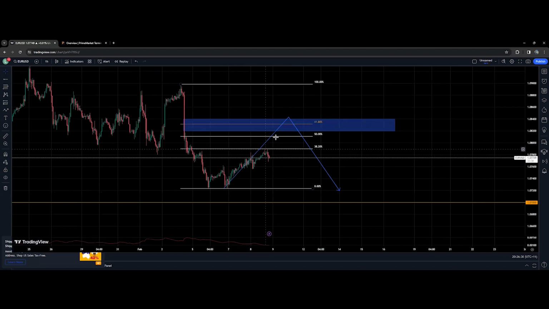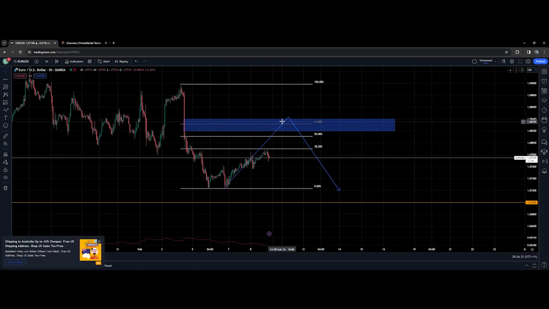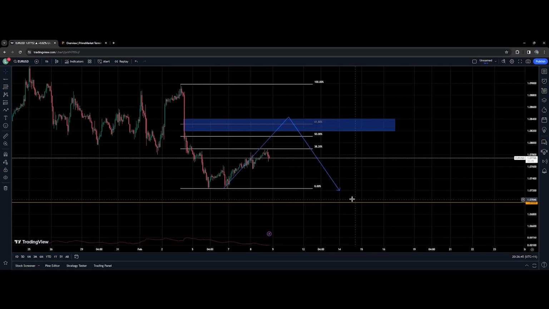So if that actually comes back more towards the end of the February month, that will work perfectly with my target of 107, because then we have another month to rally down.